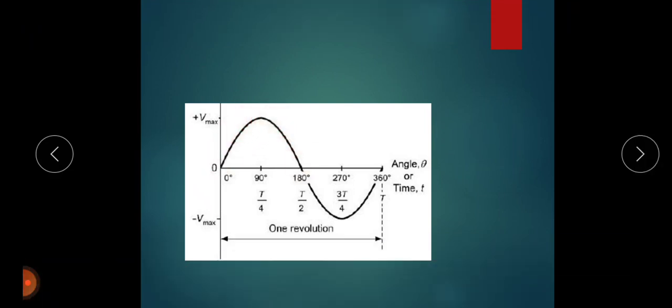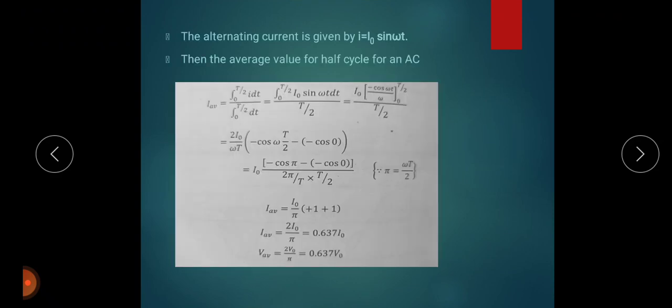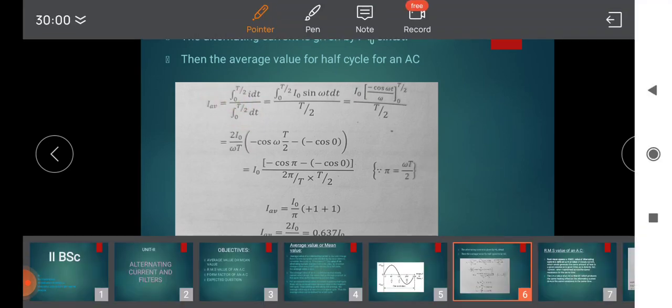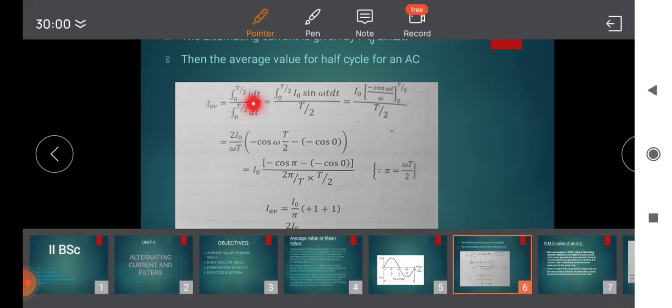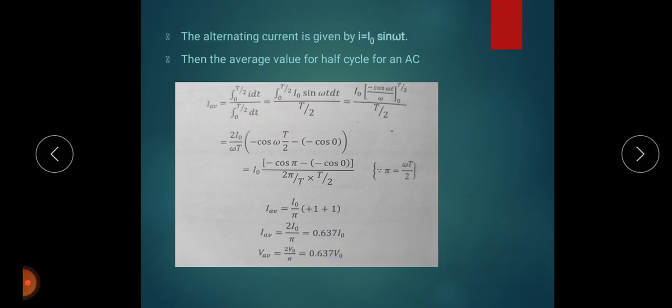The mean value or average value of the alternating current then becomes the integral from 0 to T by 2 of I dt, the whole thing divided by the integral of dt. Integrating dt gives t, with the limit from 0 to T divided by 2, so T divided by 2. Here we substitute the value of I.